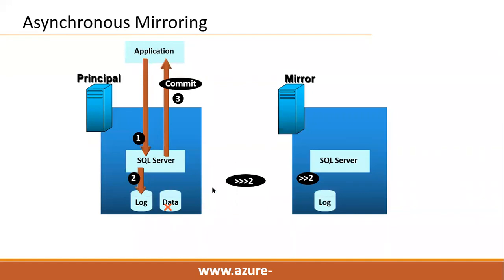That is the reason there is no automatic failover. Compulsorily we have to take a tail log backup and apply it, then bring the database online. In asynchronous mirroring, to bring the mirror database online, we must apply the tail log backup.